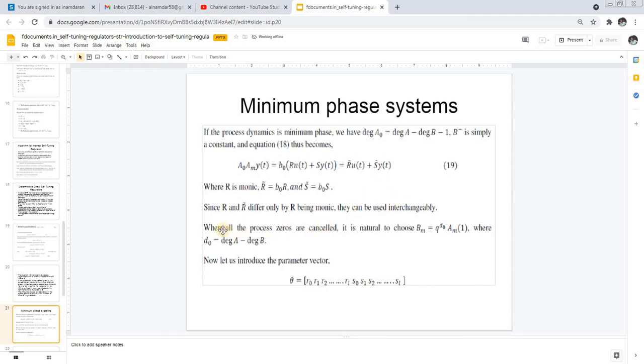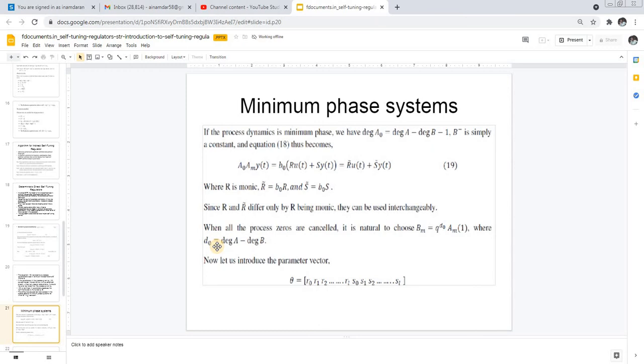So when all the process zeros are cancelled, it is natural to choose Pm equals q to the power d0 times Am(1), where d0 here is degree of A minus degree of B.